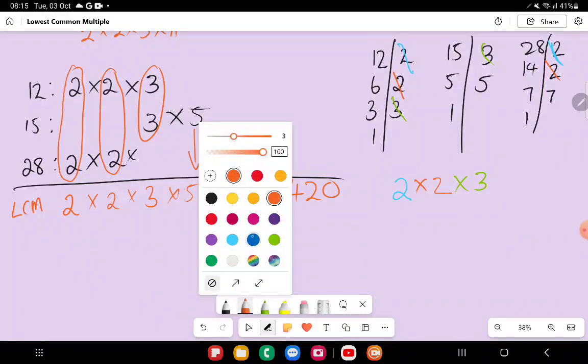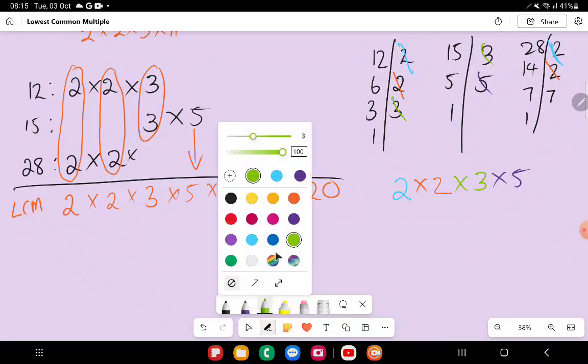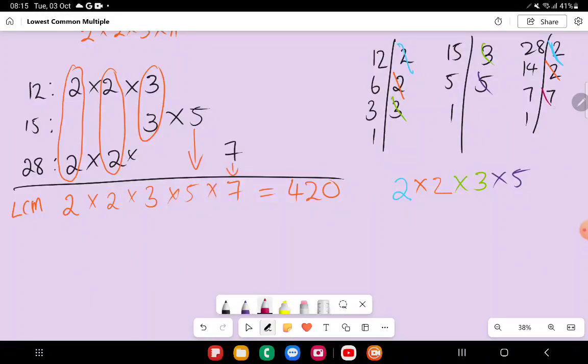Then I'm going to do 5. And then I'm going to do 7. Notice that again I write all the numbers, but I cancel them out as I write it down. And that is the same thing. 2 times 2 times 3 times 5 times 7 gives me 420.